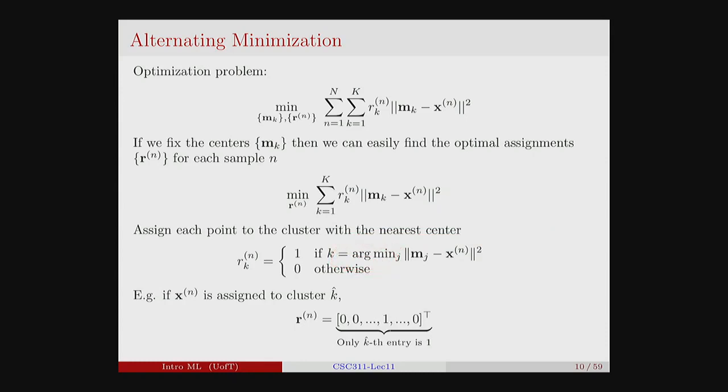And for that choice k hat, we're going to say that R_nk is equal to 1, and it's 0 otherwise. And so this ensures that x_n is assigned to cluster k hat, and exactly and only one cluster k hat. So any questions about the solution to this minimization problem? This, by the way, is a linear program, but it's just a very simple one, so you can read off the solution.